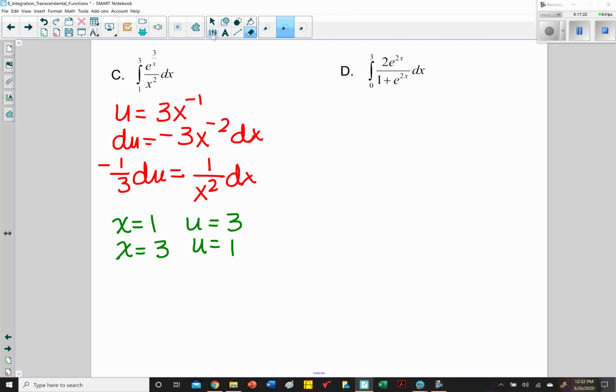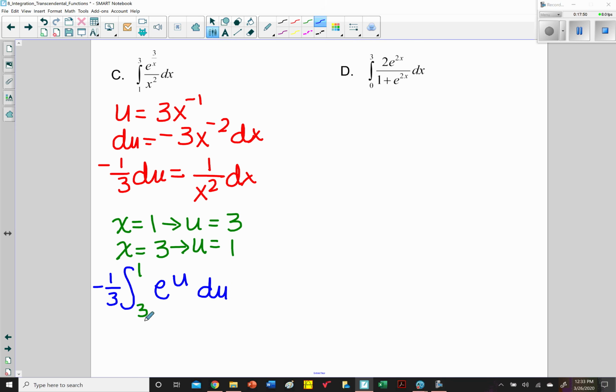So in this case, when we changed the bounds, the lower bound became the upper bound, and the upper bound became the lower bound. So if we were to integrate like that, our new lower bound would be 3, and this would be 1, but we have a -1/3 in the front, e to the u du.